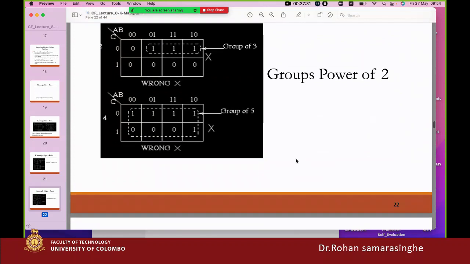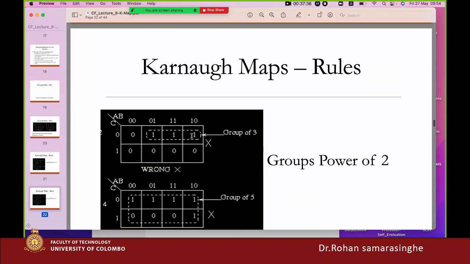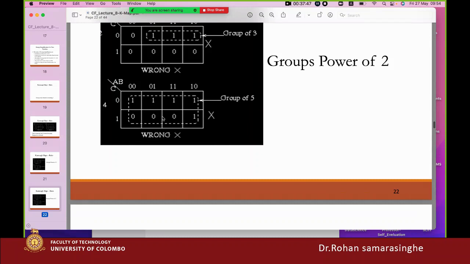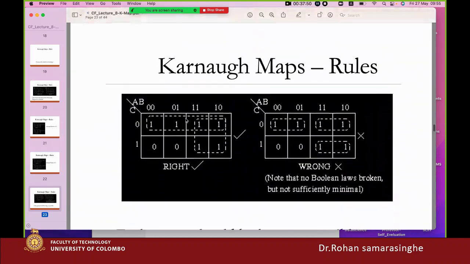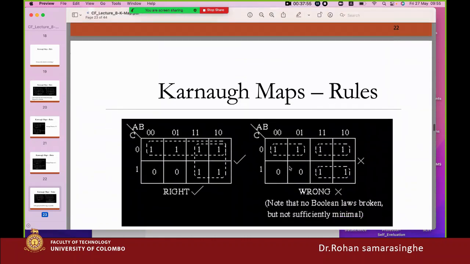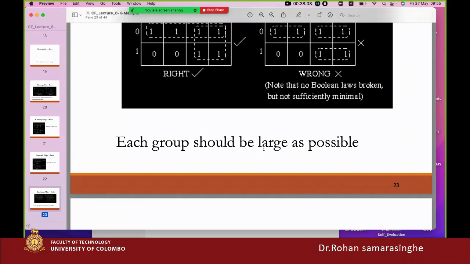That means if there are 3 variables, even though 8 is a power of 2, you have to group only ones, not the zeros. In such a case, you can't use this one, because you are not allowed to group with the zeros. Here you can group like this; this is correct and this is not correct. Even though you can mark groups with powers of 2, each group should be as large as possible.